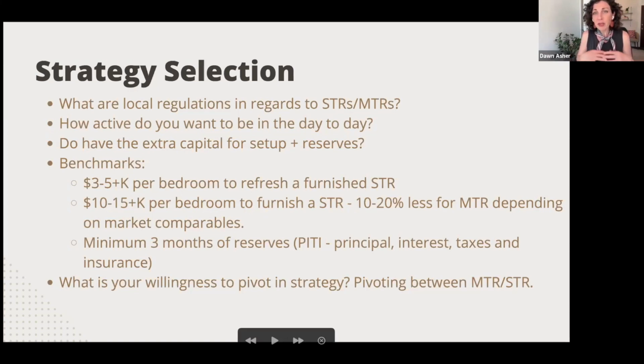But overall, the important factor is knowing the regulations, knowing what the lay of the land is to actually operate as a short-term or midterm rental in that area. You need a team, and that also means you need an agent that knows this stuff.